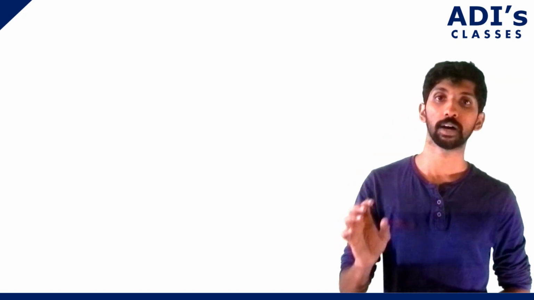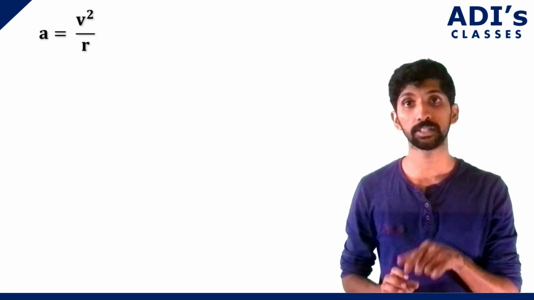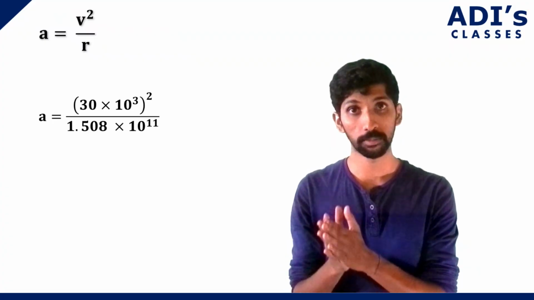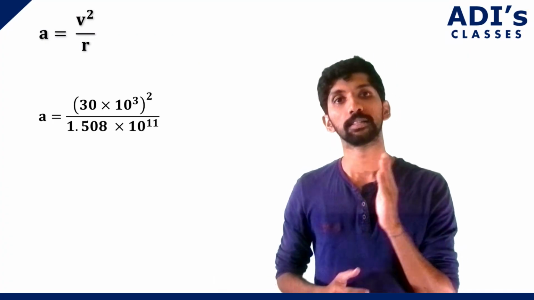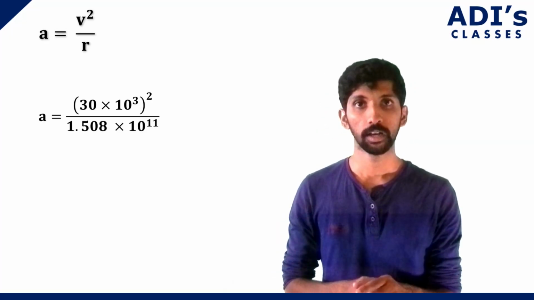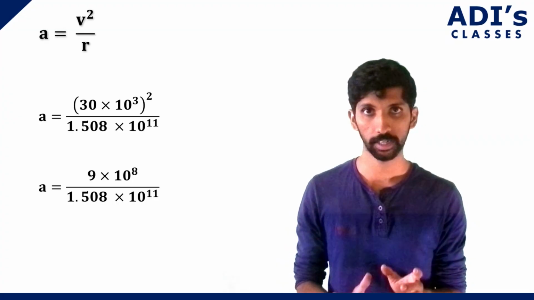Now we got the value of r. But what are they asking? They're asking the acceleration value, correct? So if you apply the same r value in the formula, a is equal to v square by r, you'll get 30 into 10 power 3 whole square divided by 1.508 into 10 to the power of 11, correct?